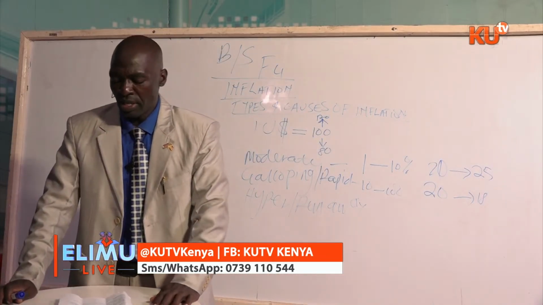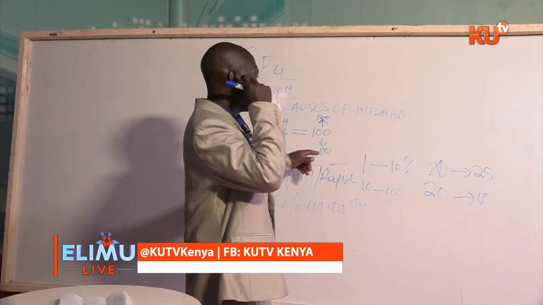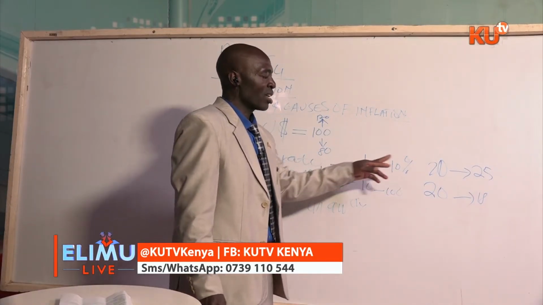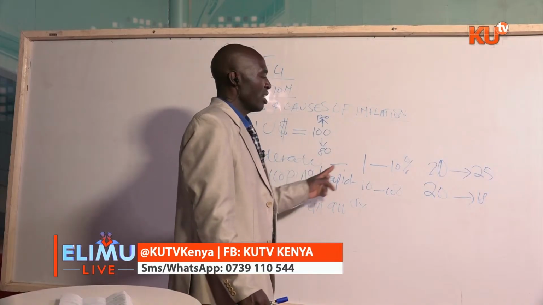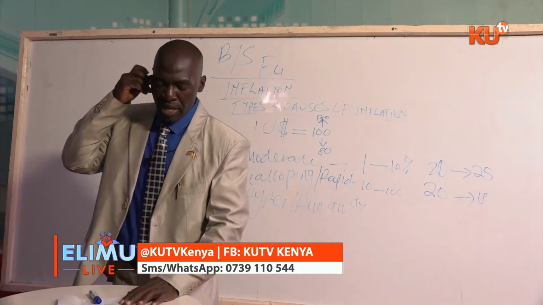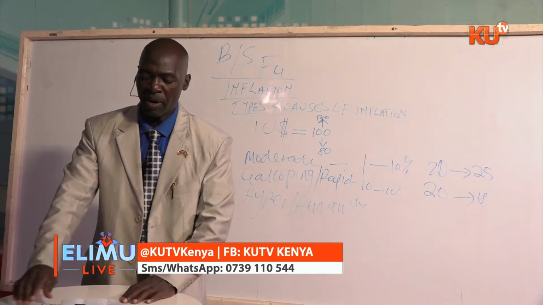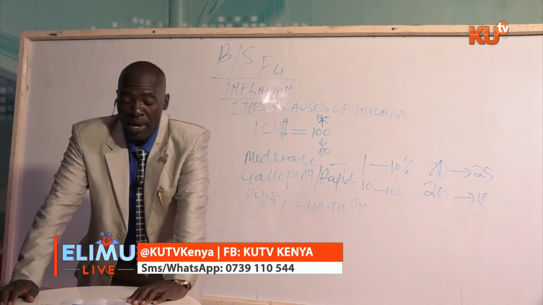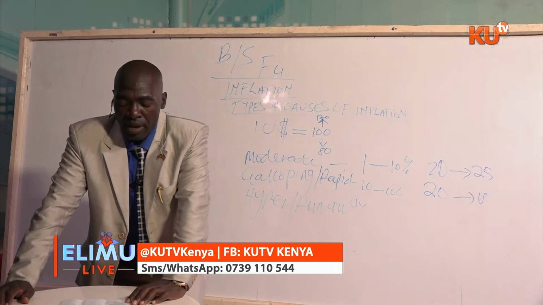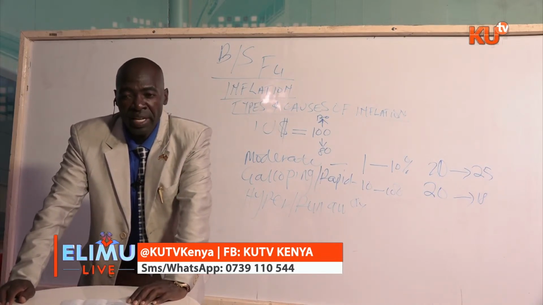When you talk of moderate, it is between ones and tens. Then this one is between tens and hundreds. That is where the inflation rate rises at quite a higher rate, whereby people will now feel it in the economy.